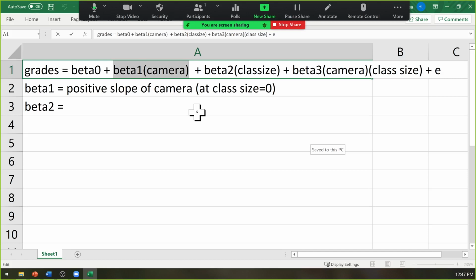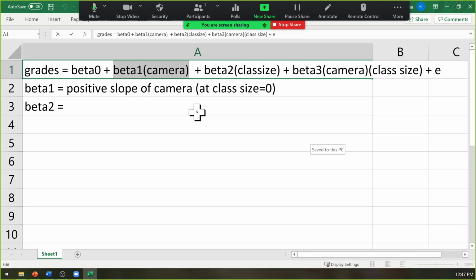But we're focusing on this one right here as the predictor, and class size is the moderator. So what we want to have happen is as class size decreases, the slope becomes more positive. So the sign has to be negative, meaning that camera use matters less in large classes.